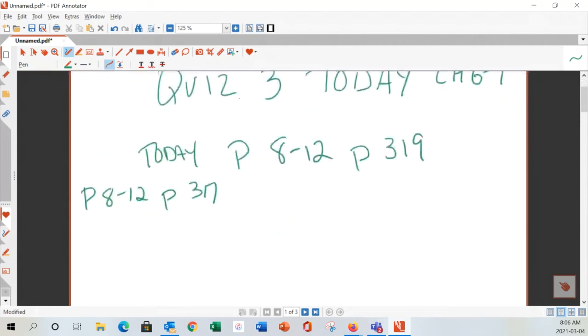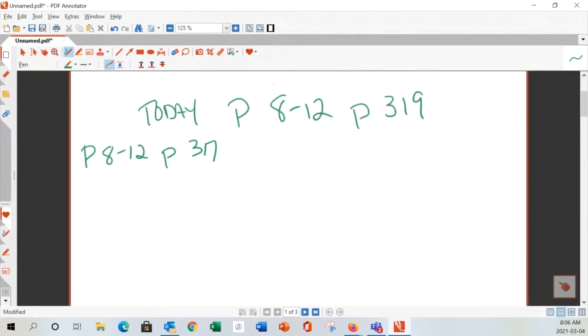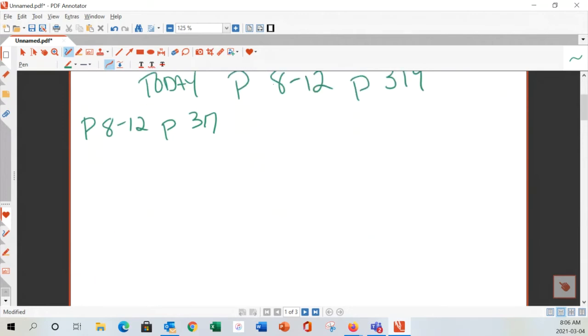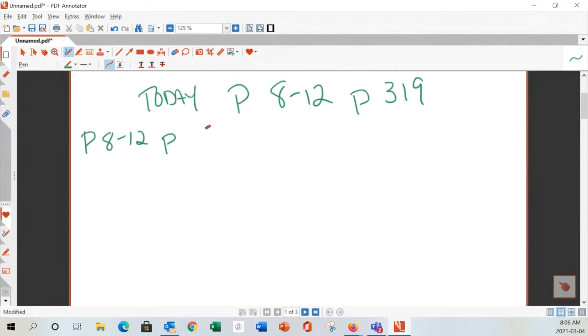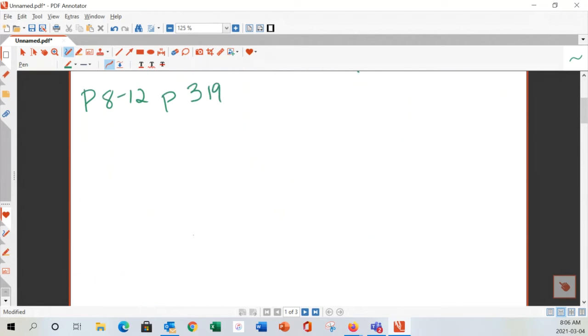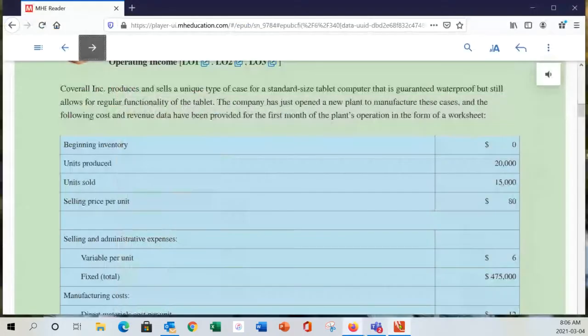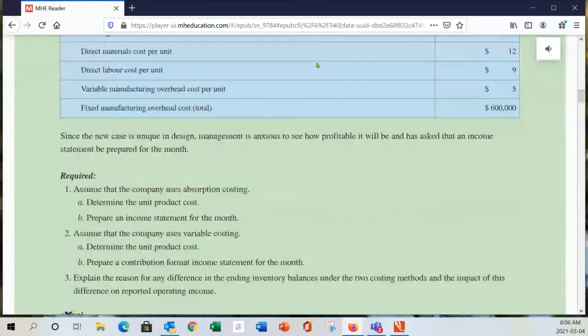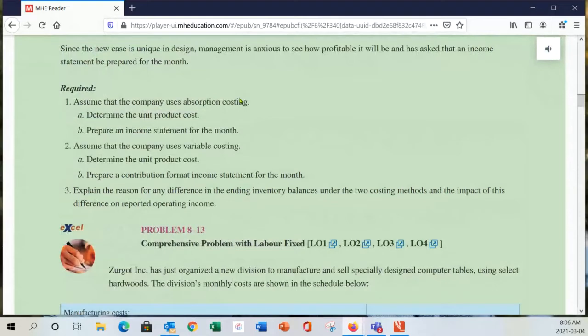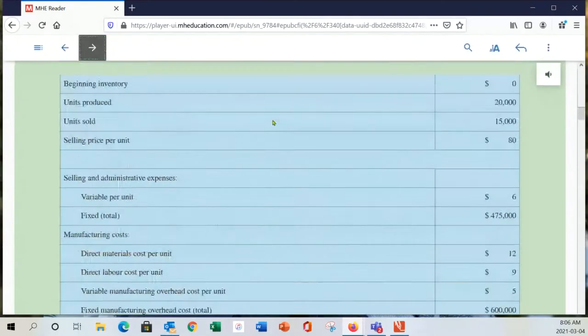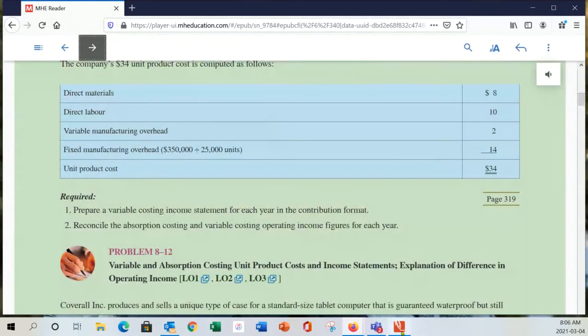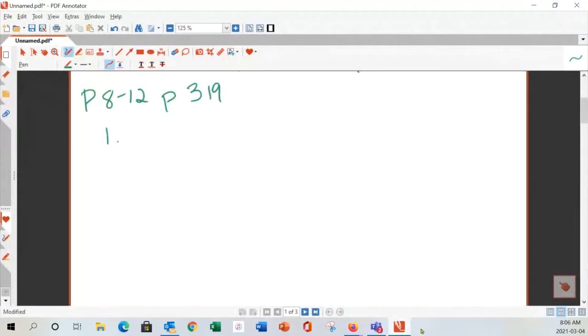It was page 319. So the first requirement, we want to know the unit product cost with absorption costing, and then do an income statement.